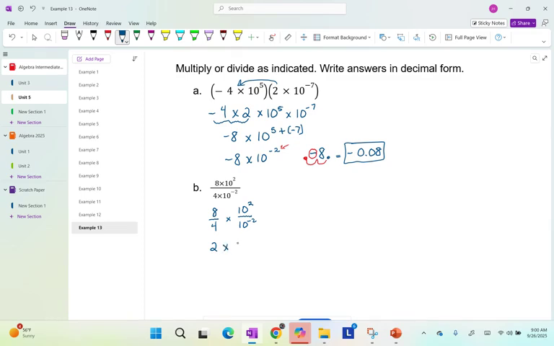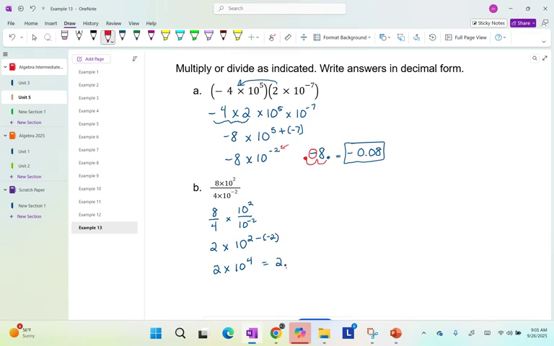And then again, using that quotient rule, we can subtract those exponents. So we have 2 minus -2, which is 4. 2 times 10 to the 4th. And we'll put our decimal place next to that 2.